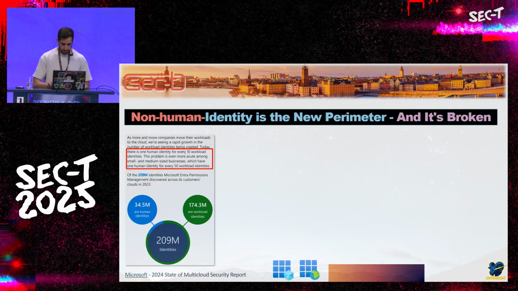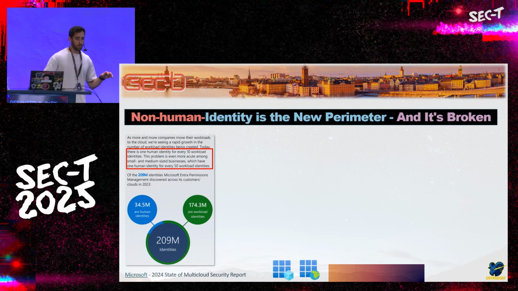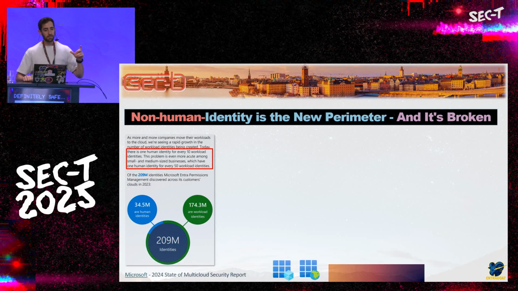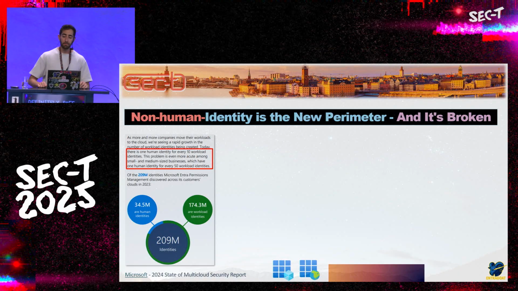Okay. So it's not true anymore, because in my opinion, it's not identity that is the new perimeter now. It's non-human identities that are the new perimeter, and they're broken. Let me read you out loud a few sentences from the report that Microsoft published in the last year. It states, "Today, there is one human identity for every 10 workload identities.